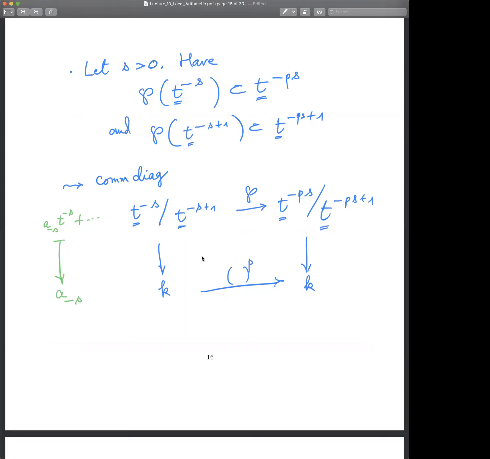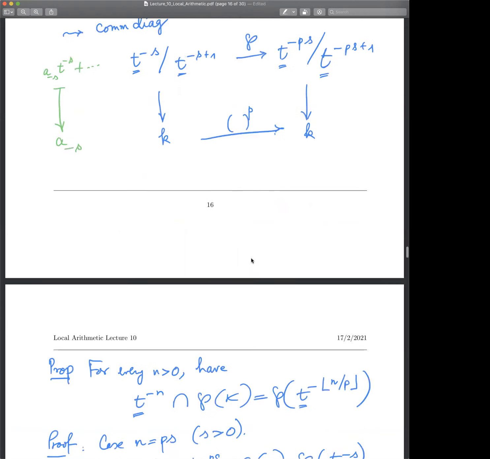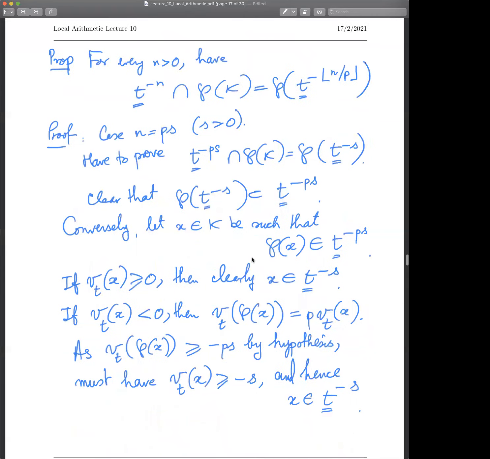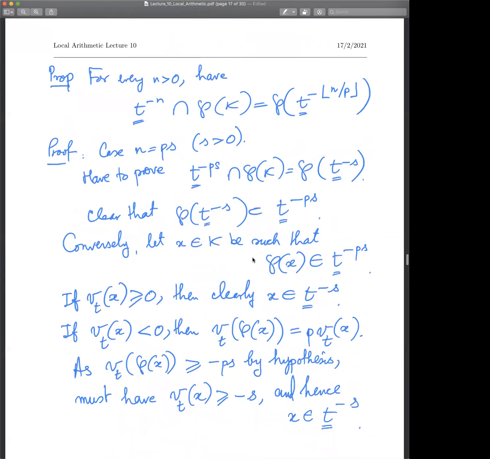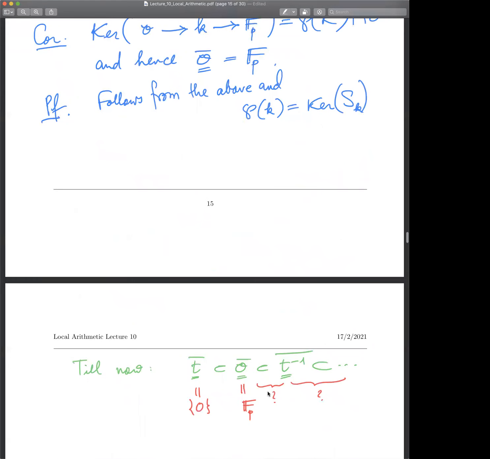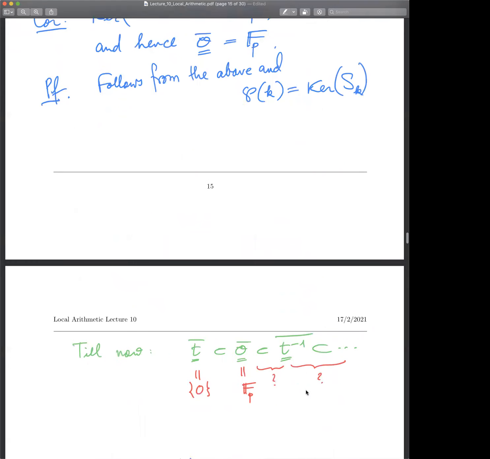So you have this commutative diagram, and as a result, I'll prove this proposition, which is the main proposition for determining the successive quotients which are marked with a question mark here and here.